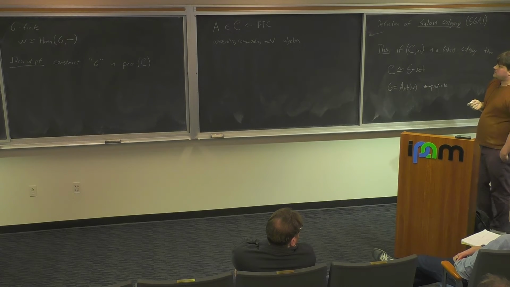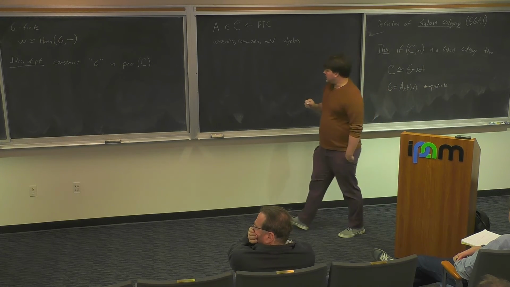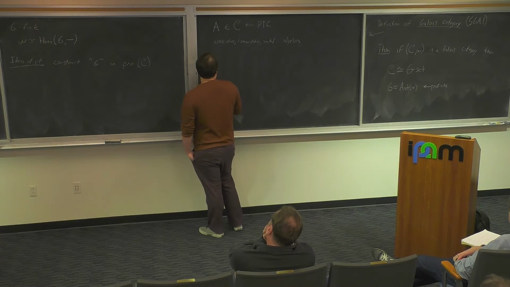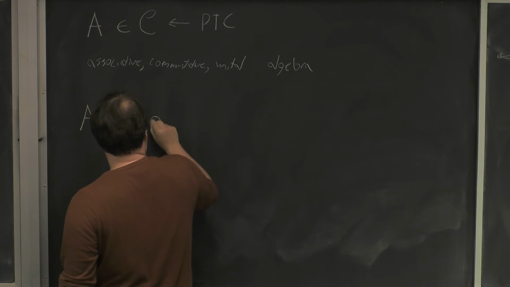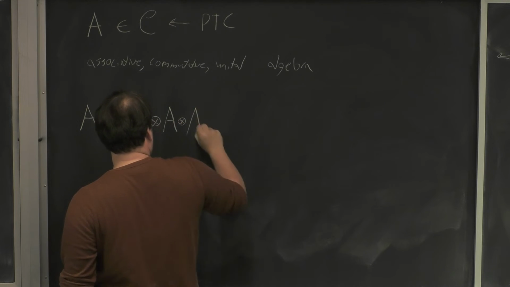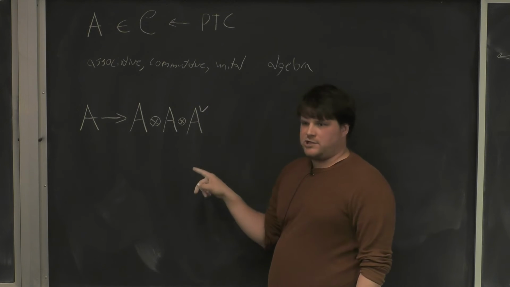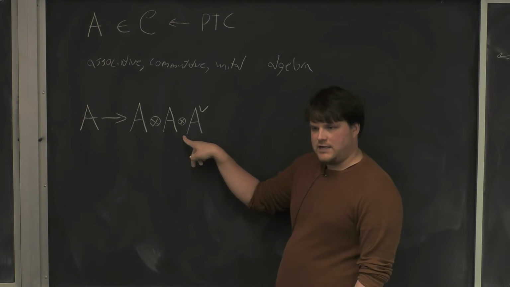And so what I can do is, if I have such an algebra, I can take A, and I have the co-evaluation map to add in a factor of A tensor A dual.